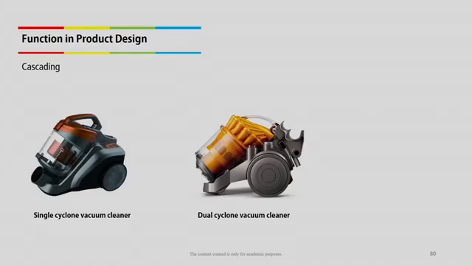For example, in a Dyson vacuum cleaner, a dual cyclone step by step process is used to collect micro level dust with higher efficiency than a single cyclone vacuum cleaner.